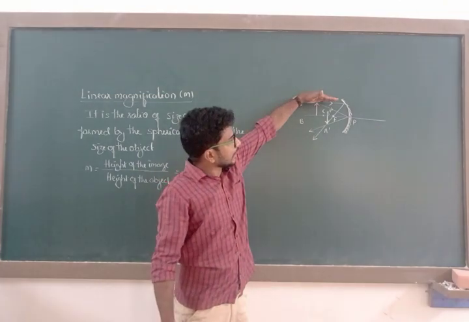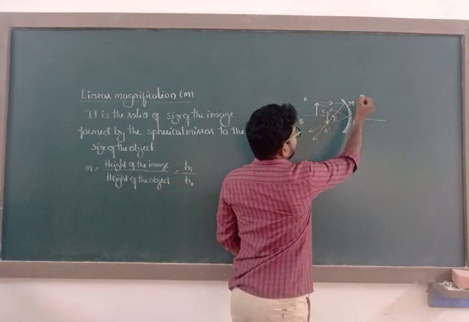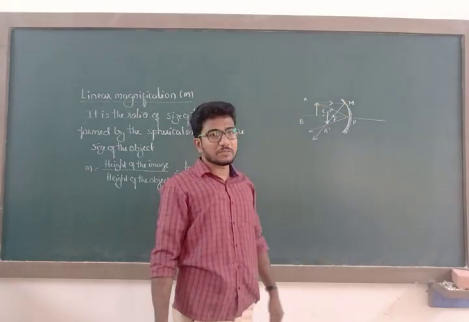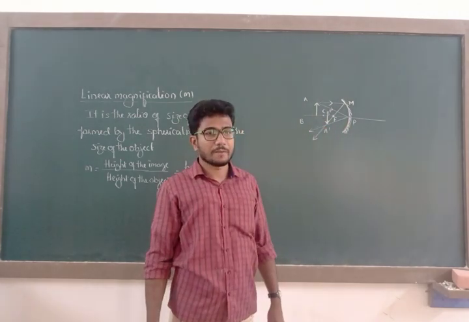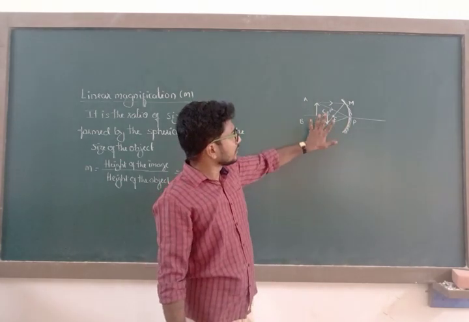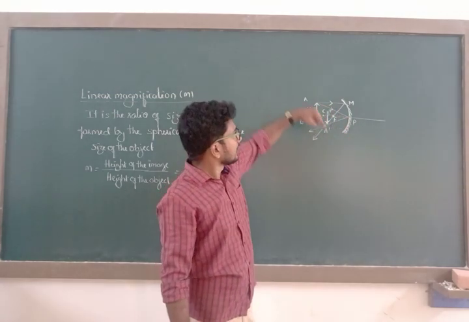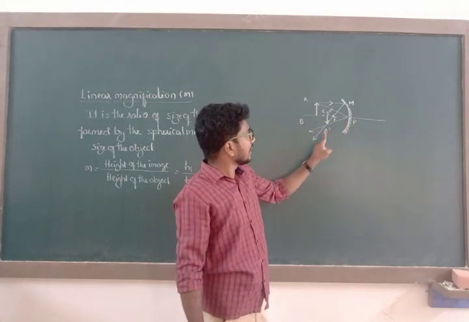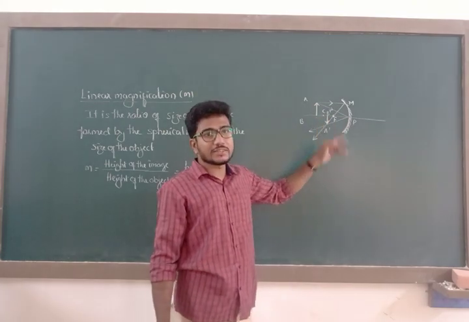So here AM is the incident light ray. Here AM is parallel to the principal axis, AP is oblique to the principal axis. From this ray diagram, triangles ABP and A dash B dash P, these 2 triangles are similar triangles.